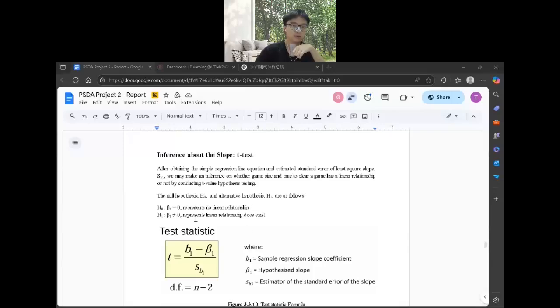The null hypothesis is that B1 is equal to 0, which represents no linear relationship. The alternative hypothesis, H1, says that B1 is not equal to 0, which says that it represents that a linear relationship does exist.